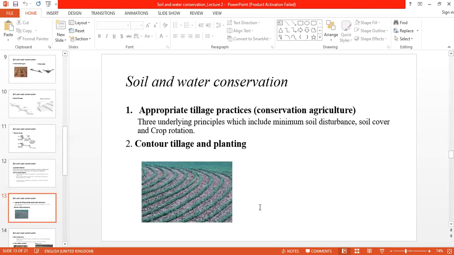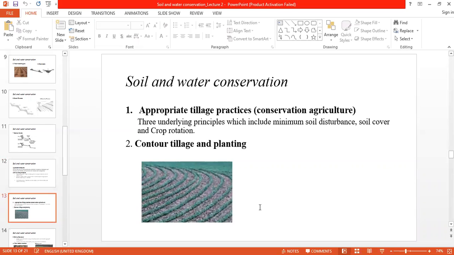You have minimum disturbance: you don't plow your soils, so you keep the soil structure intact. Also you leave residues on top of the soil, so that the raindrops do not disintegrate the soil, and they also block the water as it passes over the surface.